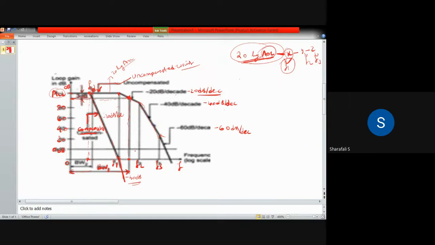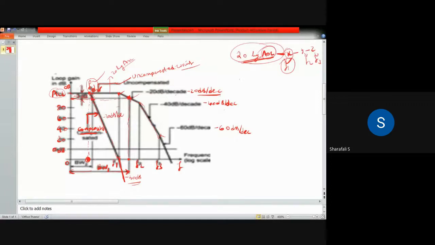So here we have the break frequency F1, and here we have the corner frequency, which is minus 3 dB from the maximum gain. With the compensated network, the first break frequency is attained at this position, and we have an additional corner frequency around this point.